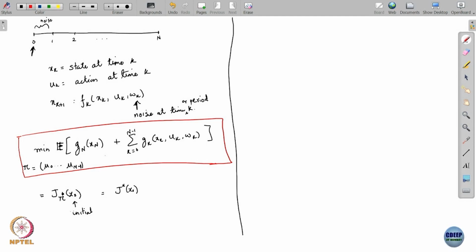Now, just imagine, for simplicity, suppose there were 10 states at each time instant.